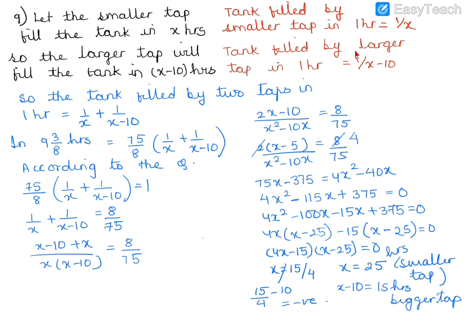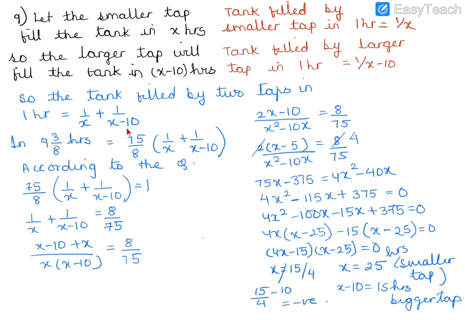So in 1 hour, it will fill up 1 by x minus 10 amount of the tank. In 1 hour, the total amount of tank filled is 1 by x plus 1 by x minus 10. And it says the two taps can fill up the tank in 9 3 by 8 hours.